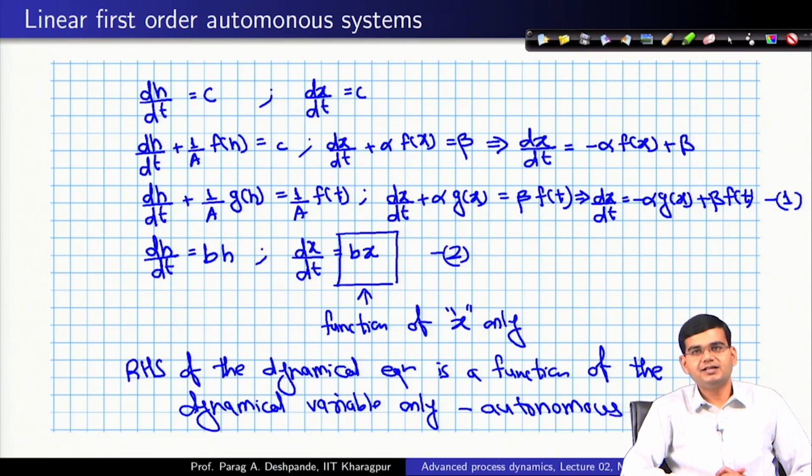Remember that the constants and parameters which appear in the equation are not considered in the definition. For example, you can have area of cross section on the right hand side for the liquid level problem, you can have valve coefficient on the right hand side for the liquid level problem, but what you are not allowed is that you cannot have the time on the right hand side of the equation. And such systems are called autonomous systems.